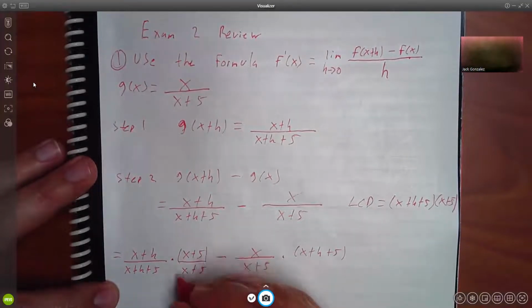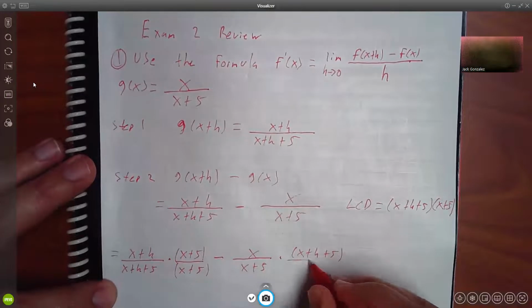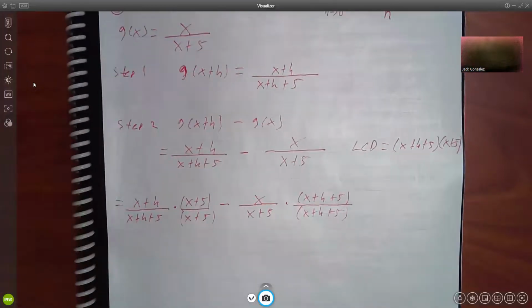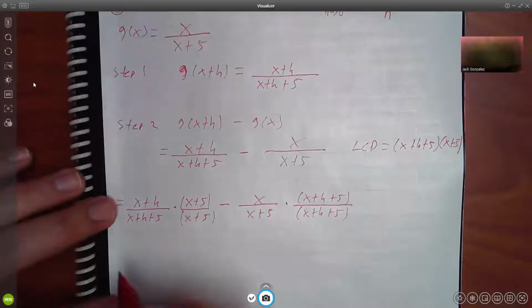Well, you don't have to put parentheses, but you can. So we'll multiply that out, subtract the fractions.